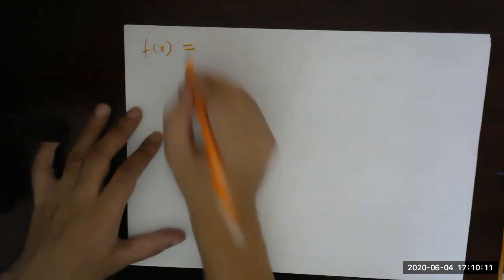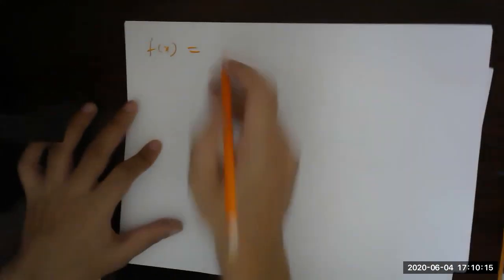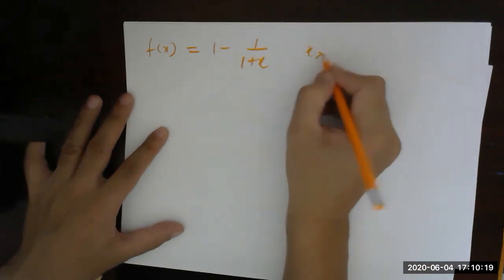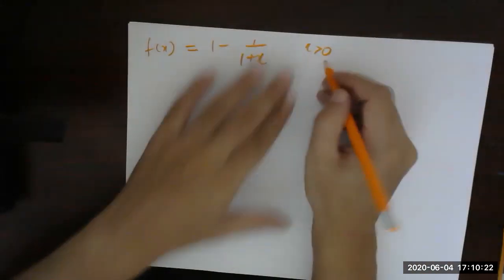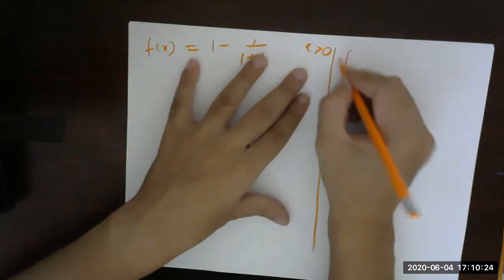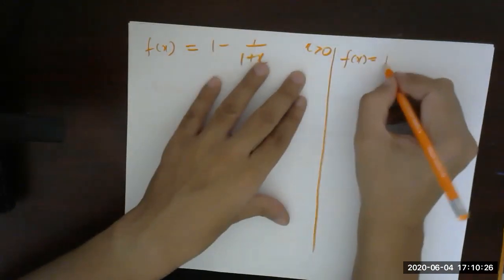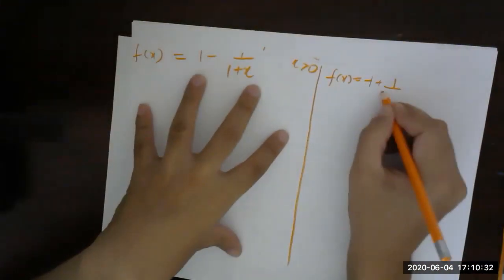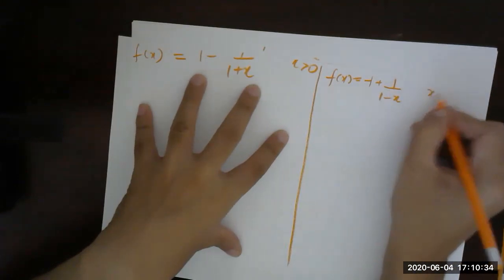So f of x equals 1 minus 1 upon 1 plus x for x greater than 0, and then f of x equals minus 1 plus 1 upon 1 minus x for x less than 0.